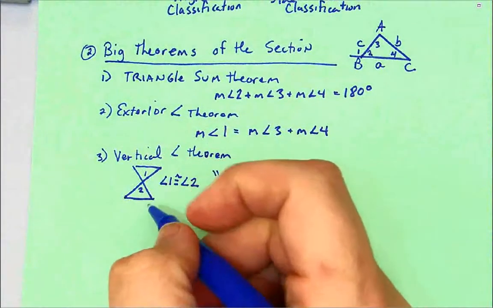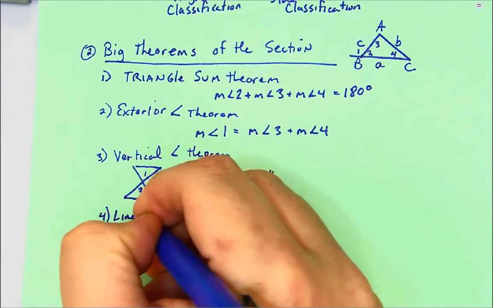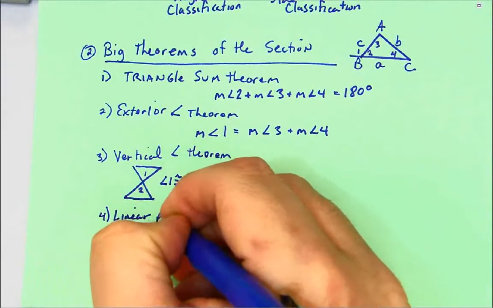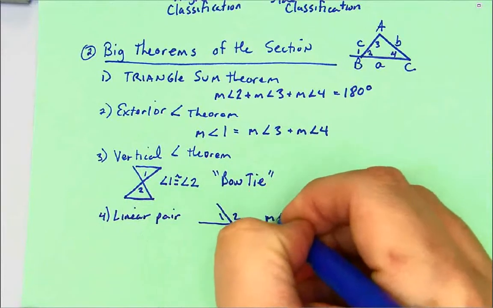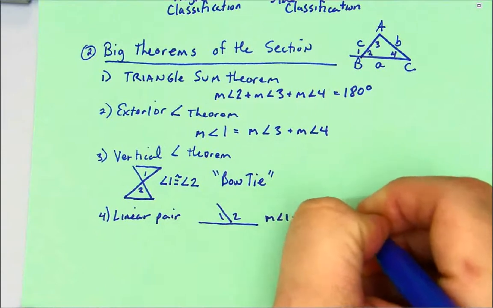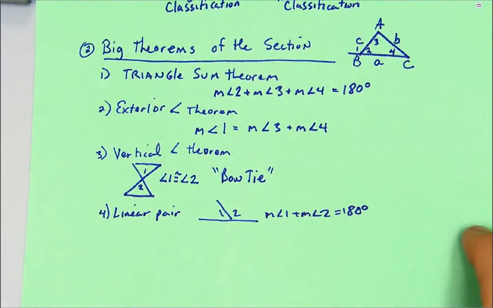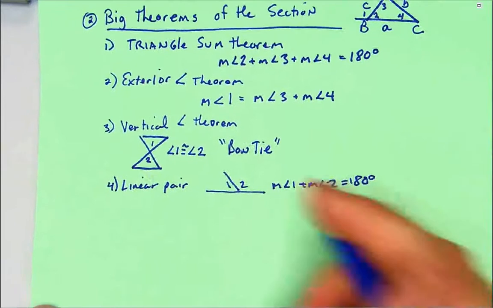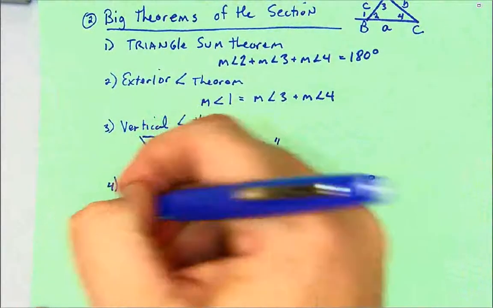Some other theorems that you end up using: linear pair, measure of angle 1 plus measure of angle 2 is equal to 180 degrees. That's another big angle theorem that we have there. Another one, that'd be 5, I would imagine, instead of 4.